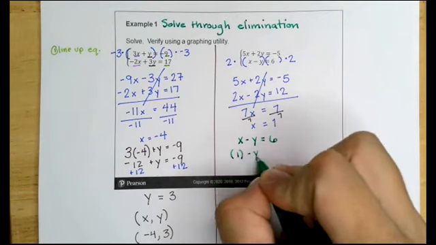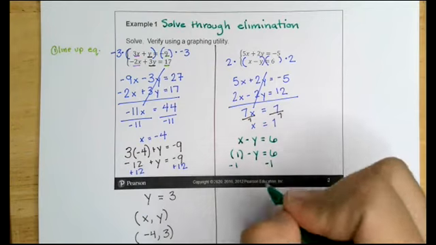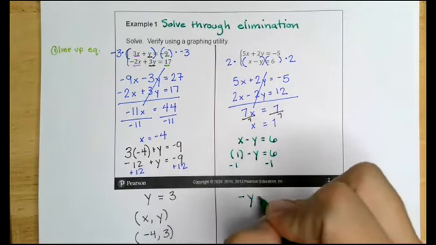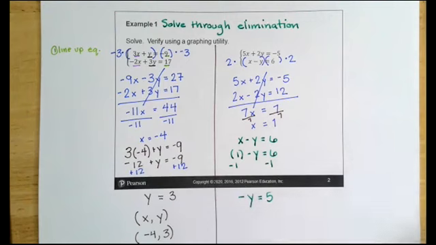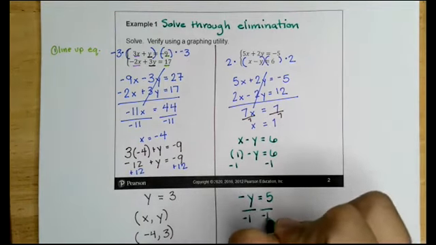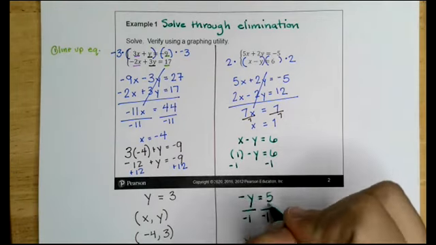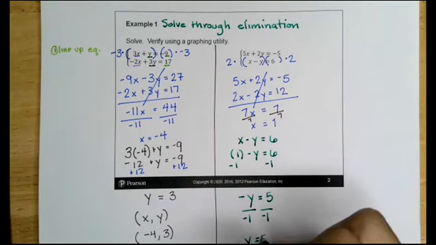1 minus y is 6. Subtract 1. Minus y, or negative y, is 5. Let's change the sign on both of them. Negative divided by a negative becomes a positive. Positive divided by a negative becomes a negative. Negative 5.